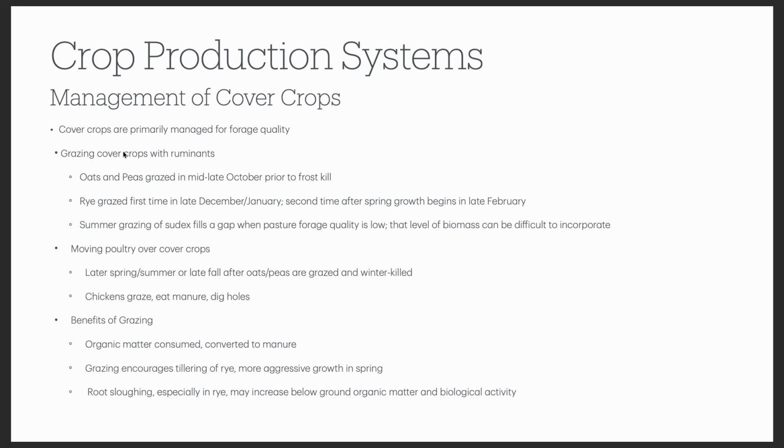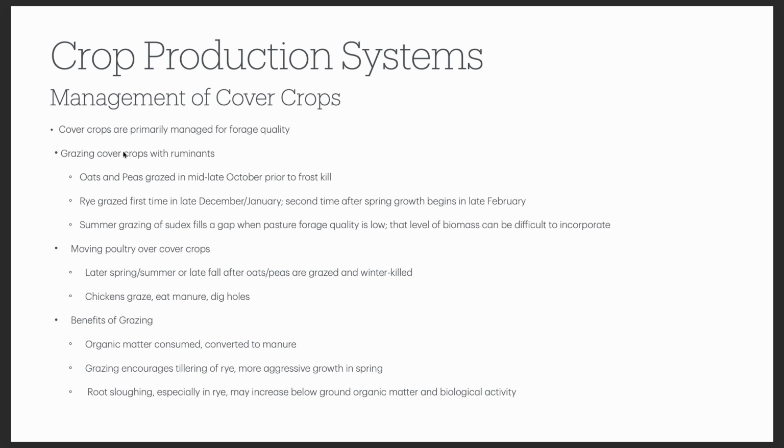So the chickens, unlike the ruminants, are of course grazing, but we're really looking for fertility deposition with the chickens. It's an animal we're feeding, so we're bringing that feed off the farm, and they're sort of moving fertility onto the farm. Unlike the ruminants, where we're using sunlight and photosynthesis to get them to manage biomass and turn it into manure and bring fertility on.